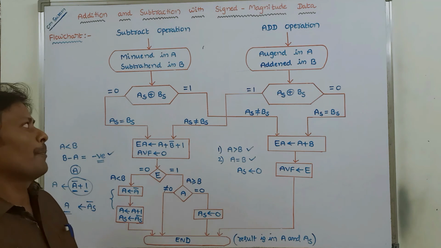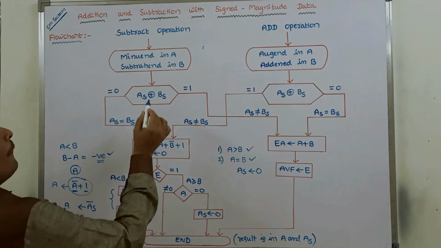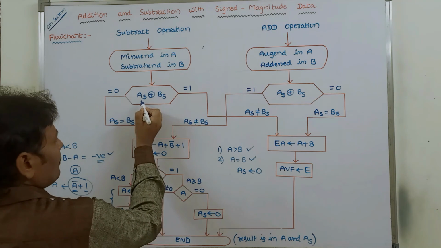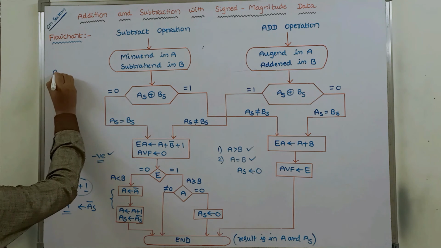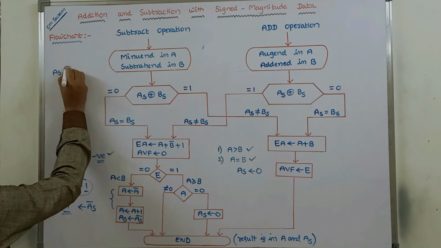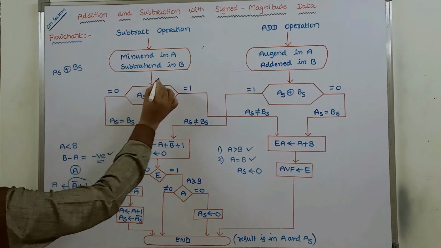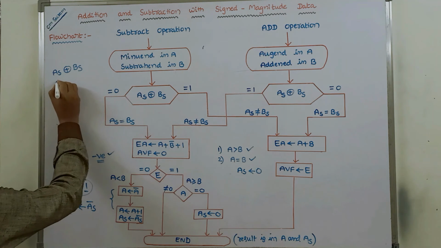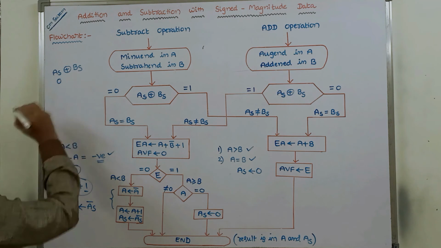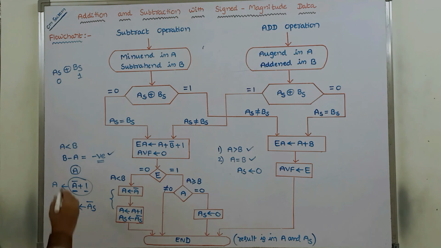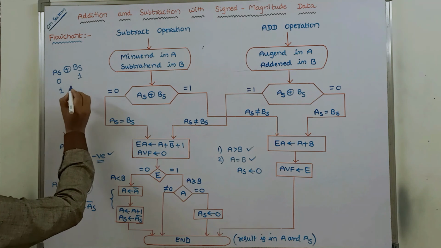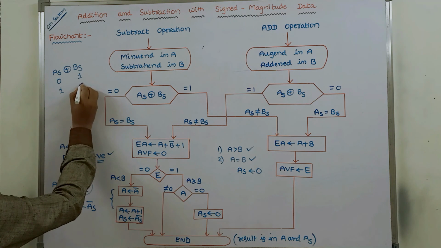Next, whenever both sign bits are different, that means AS exclusive OR BS, we go to this case. The sign bit of A is 0 and the sign bit of B is 1, or the sign bit of A is 1 and the sign bit of B is 0.